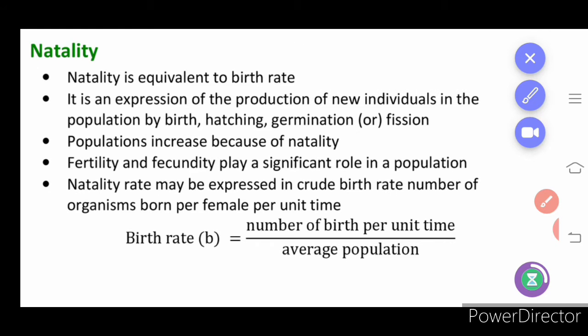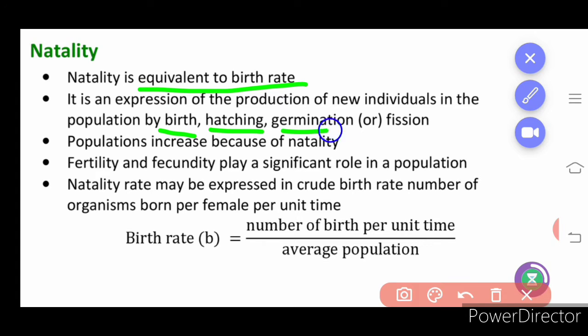Next, natality, that is birth rate. Okay, it is the expression of the production of new individuals in a population by birth. So birth can occur by hatching or germination of the seed, or by fission. Two individuals are produced, so then the population is getting increased.